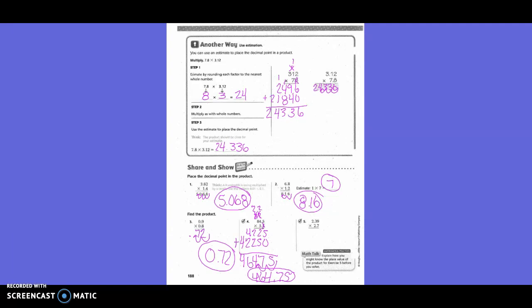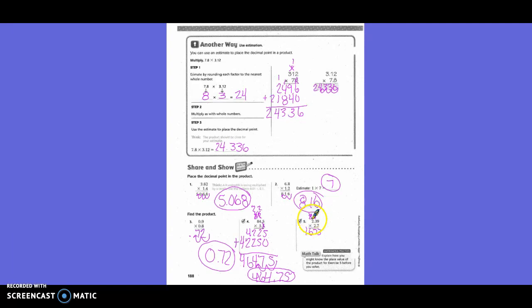So 7 times 9 is 63, so I'm going to put a 3, carry my 6. 7 times 3 is 21. 21 plus 6 is 27. And then put a 2. 7 times 2 is 14, plus 2 is 16.